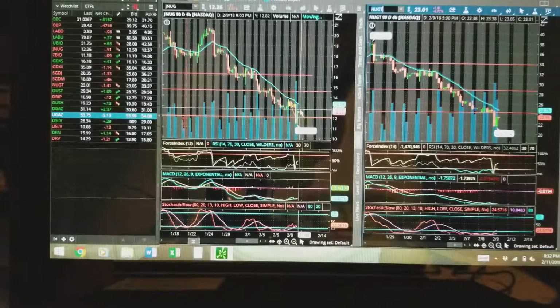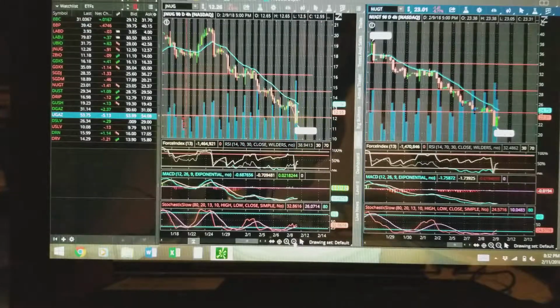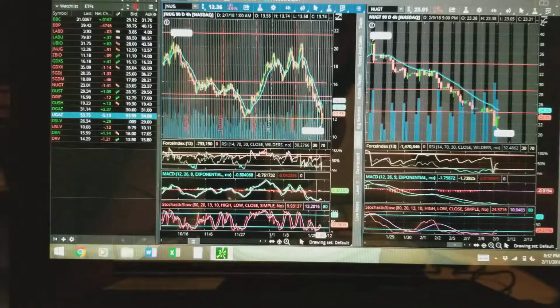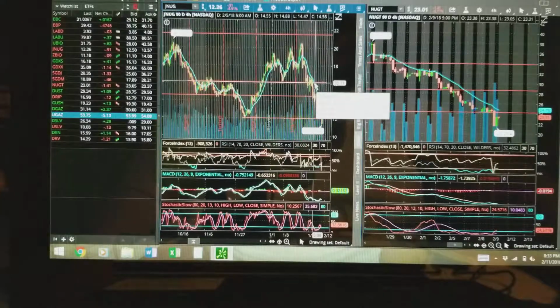And I'm looking for it to try to break this EMA line, confirm an uptrend, and then it could go up to here, which would be its first resistance, 14.72, and I would end up looking for it to really come back to $16, where it gets a good amount of resistance.